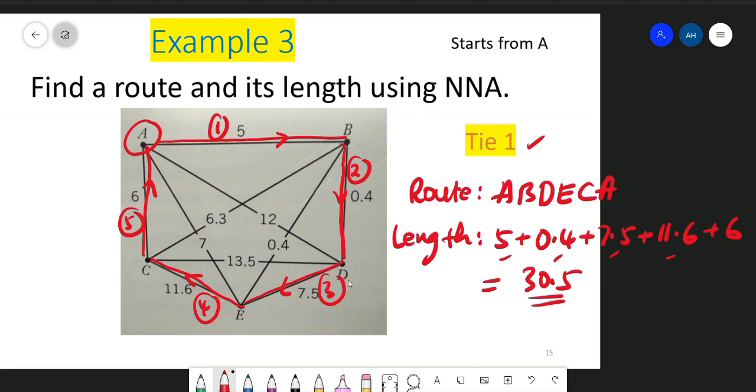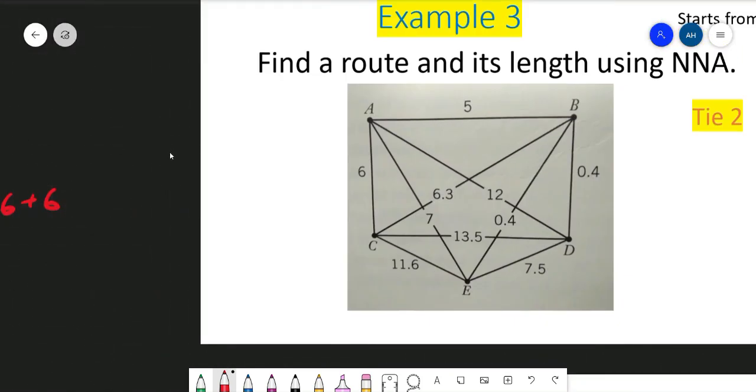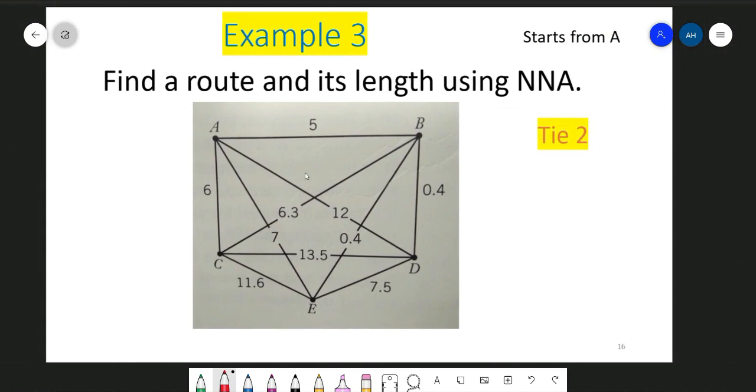But in this example, we have a tie, right? Because we already chose this value of 0.5, that is this edge from B to D. Now, whenever we have a tie like that, we have to do one more. We have to find one more Hamiltonian circuit by using the other edge, from B to E. So instead of using B to D, we are going to choose the edge from B to E, the same value of 0.4.